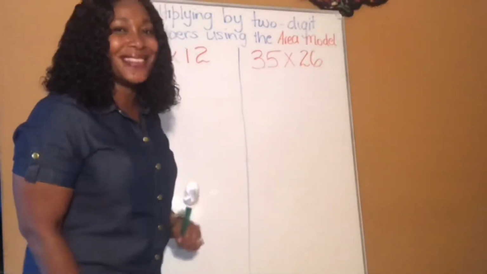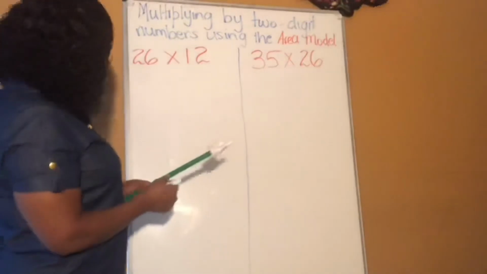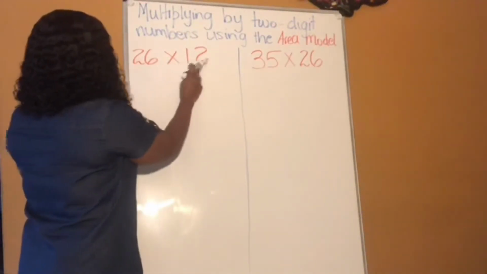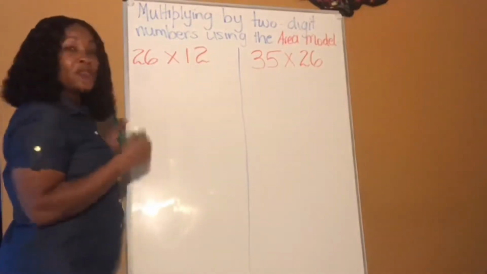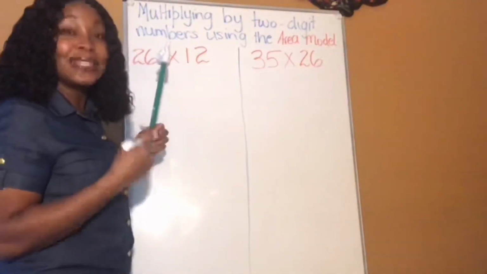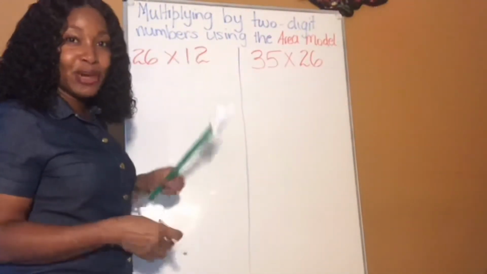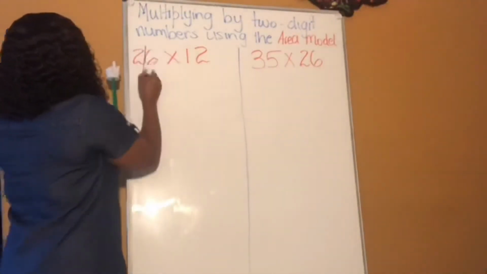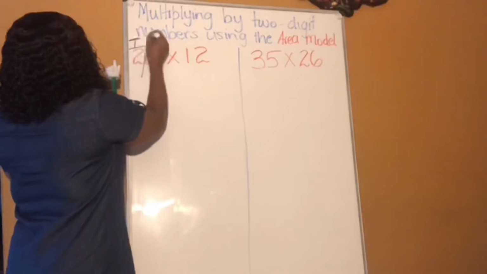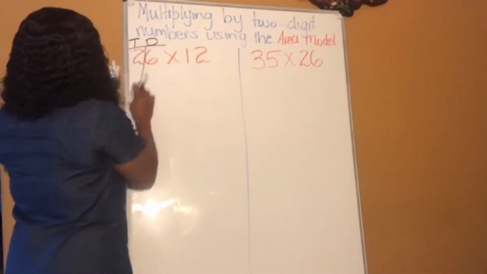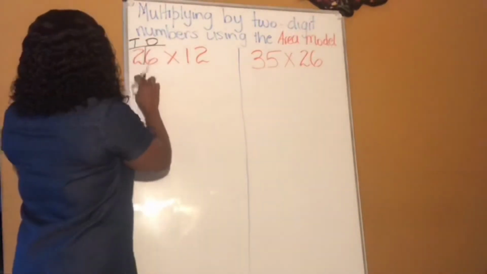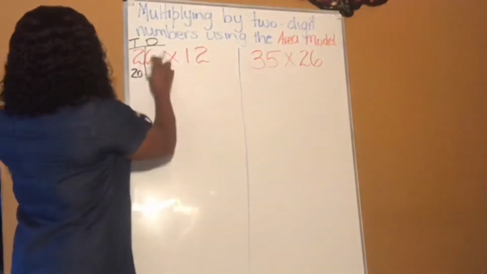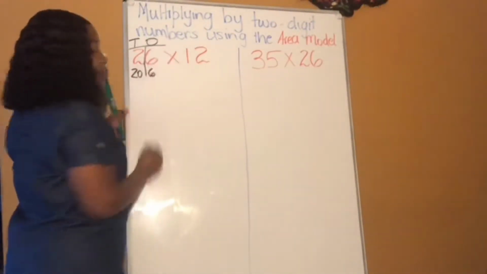So let's get started. All right, so here we have 26 times 12. Now, the first thing you want to do is break apart your numbers or expand your numbers. So 26 would be 2 tens and 6 ones. 2 tens, 20, and 6 ones, 6.